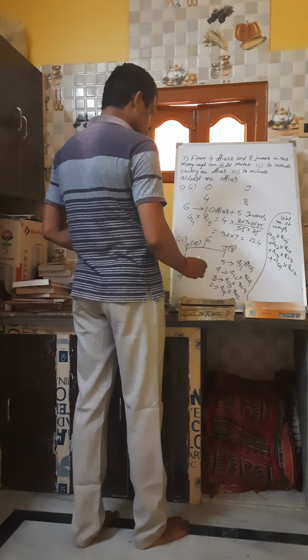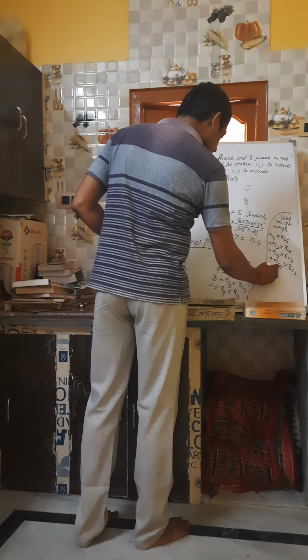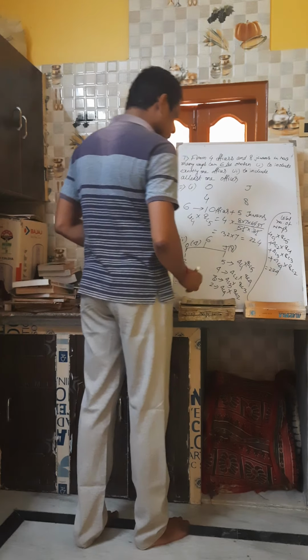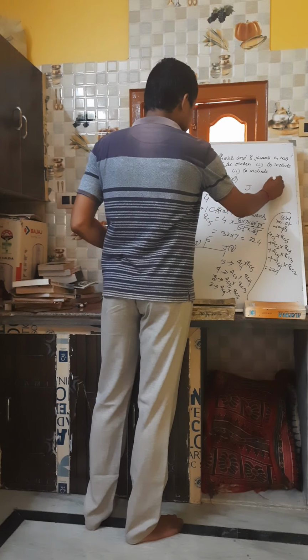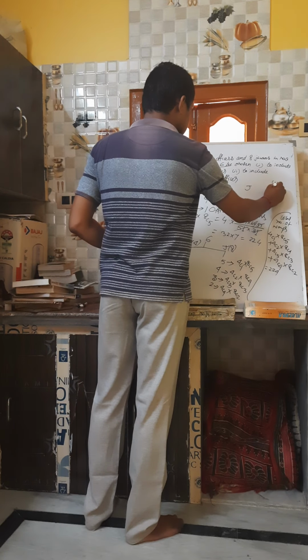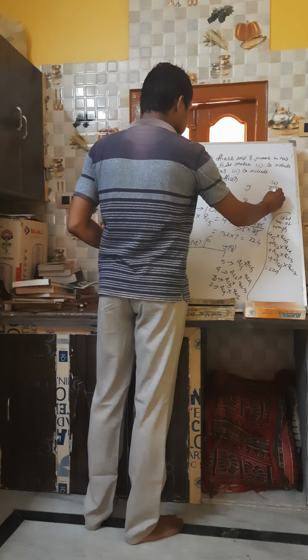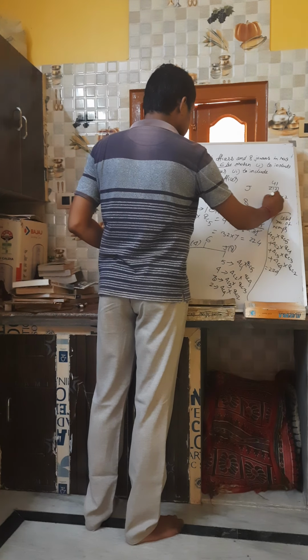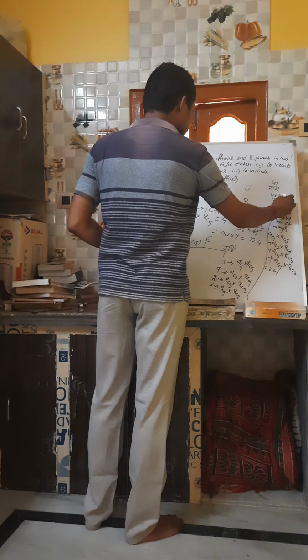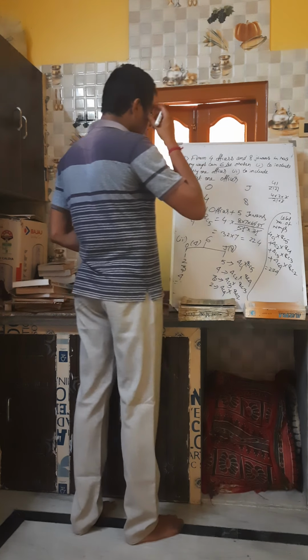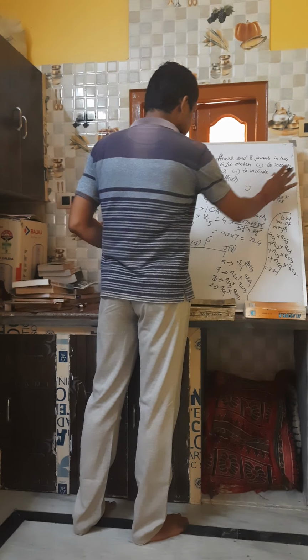Now 4C1 into 8C5 is 224. 4C2 means 4 factorial by 2 factorial into 2 factorial, that is 4 into 3 into 2 factorial by 2 factorial into 2 factorial. 2 factorial cancels, and it will be 6.